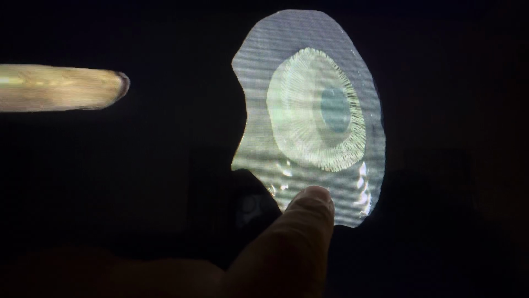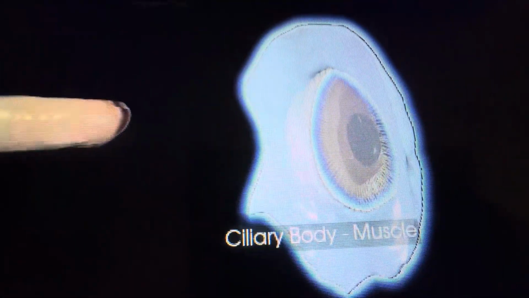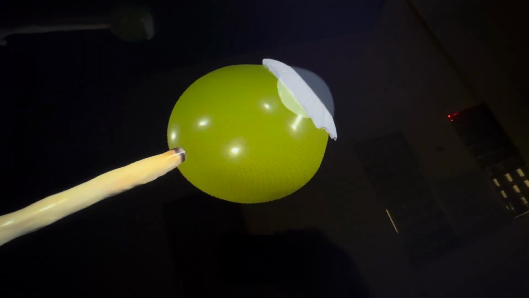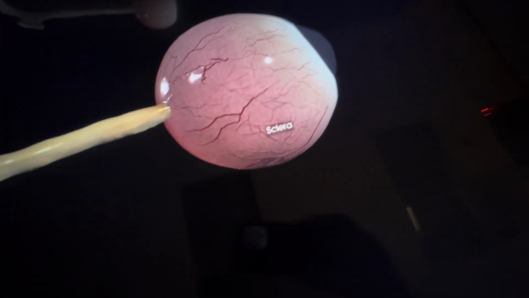That's your suspensory ligament. The suspensory ligament is then connected to this muscle here called your ciliary body. The function of all these three things is to help the lens refract light so that it comes back to the back part of the eye, which is the retina. Okay, I'm bringing back all structures.